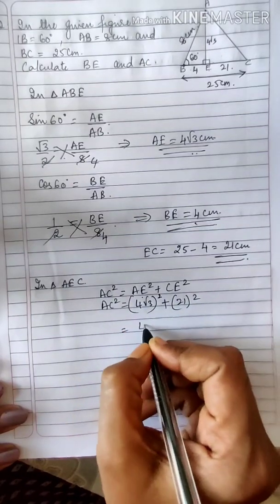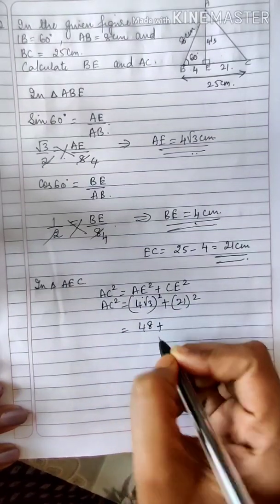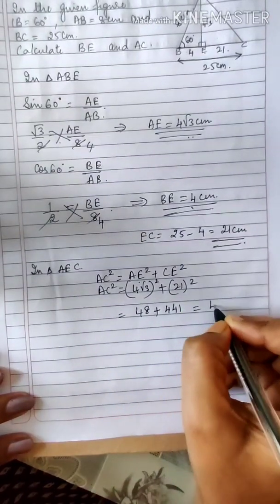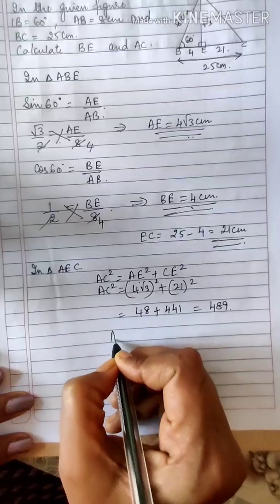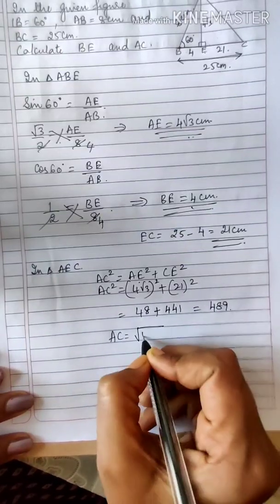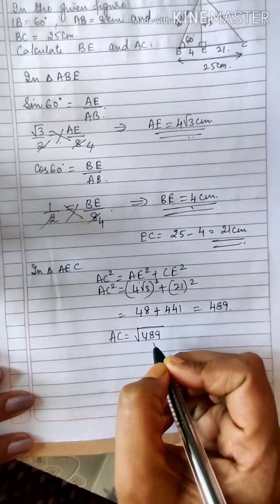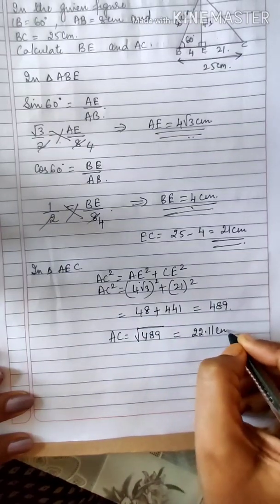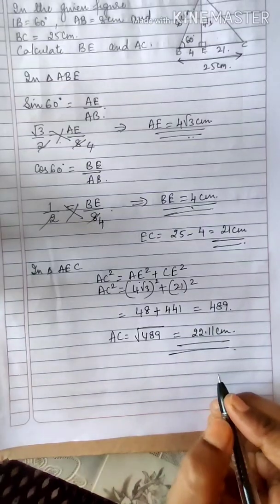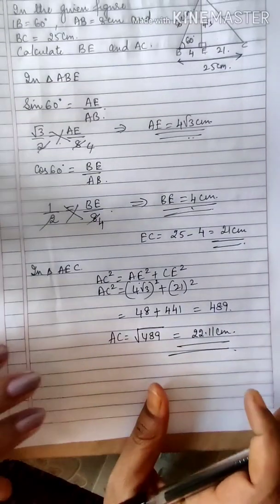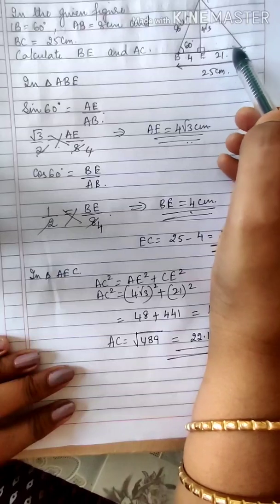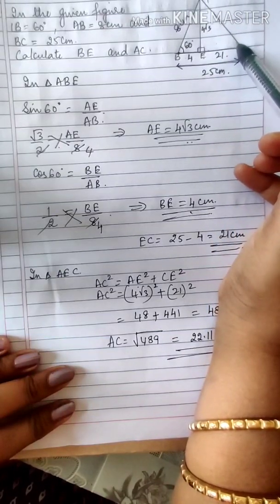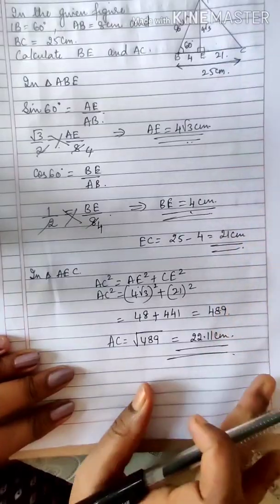So 16 3s are 48 plus 441, which will give you 489, and AC will be equal to root over 489, which you can find out as the square root, giving 22.11 centimeters. Since in triangle AEC there is no angle mentioned, I am using the Pythagoras theorem.